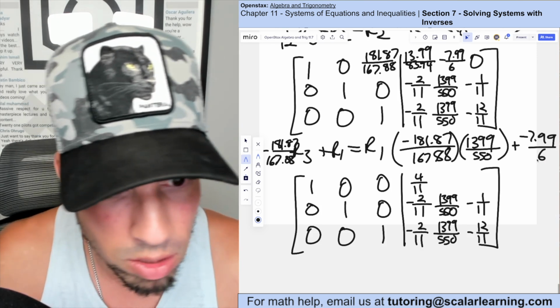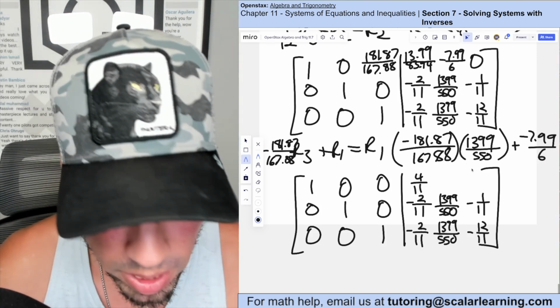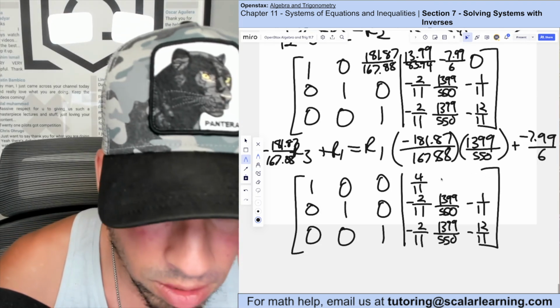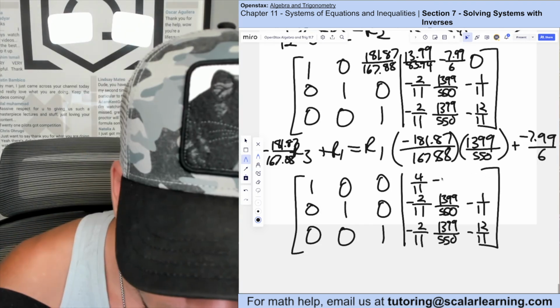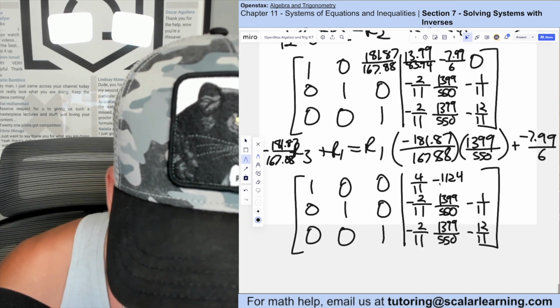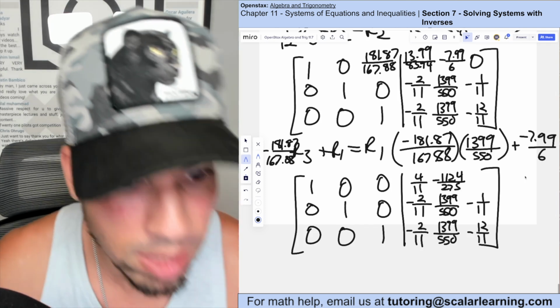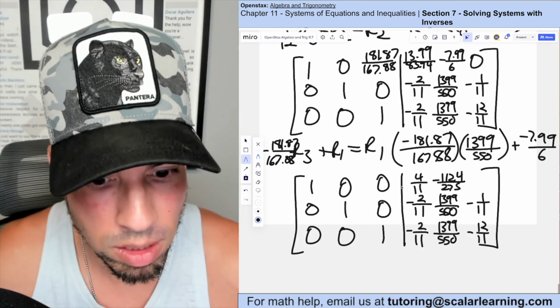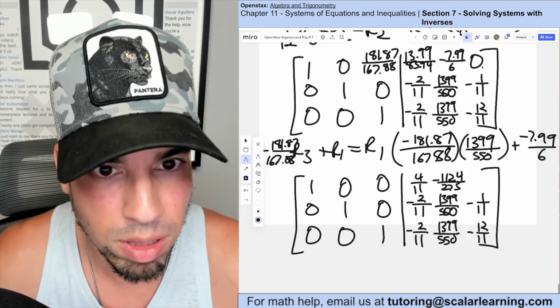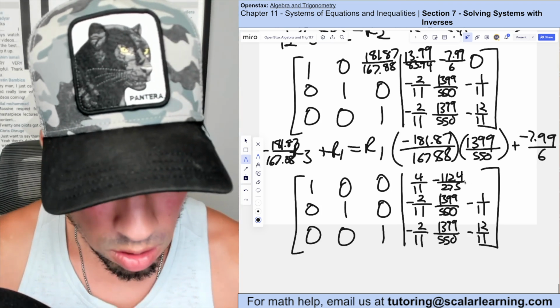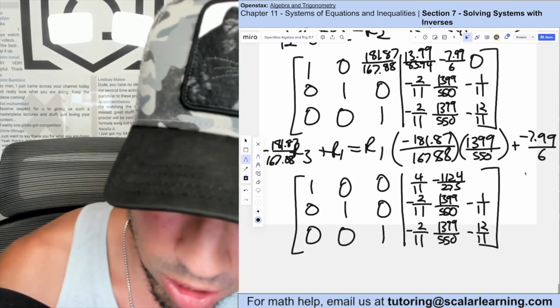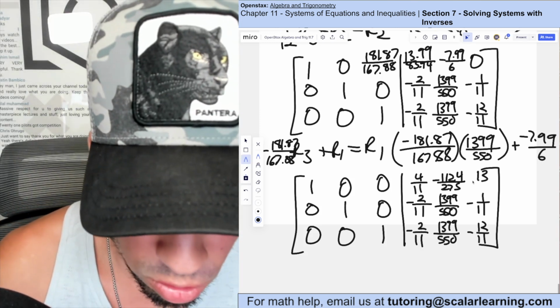I'm going to do that in my calculator. And we get negative 4.0872, whatever, but as a fraction it is negative 1124 over 275. Okay, last one. We got this crazy thing times this plus 0. So we get 1.18 repeating, which as a fraction is 13/11.